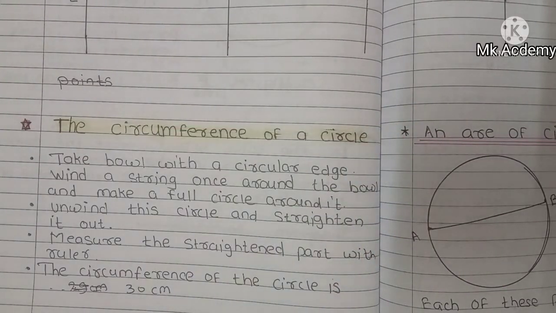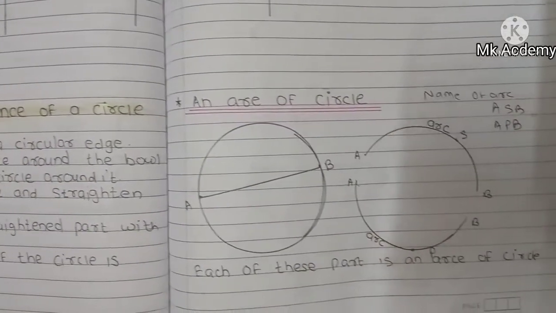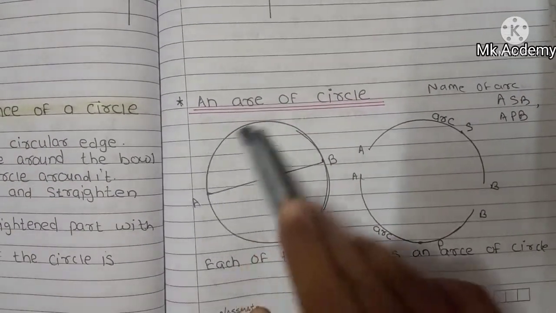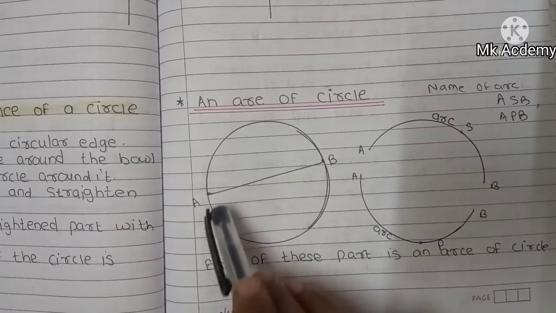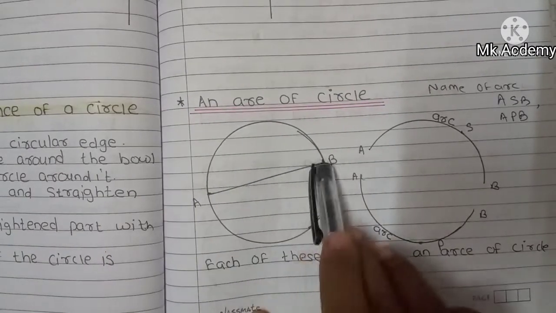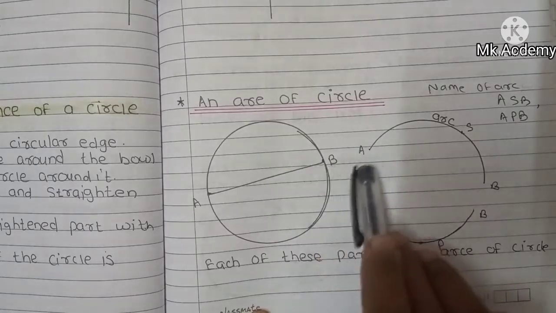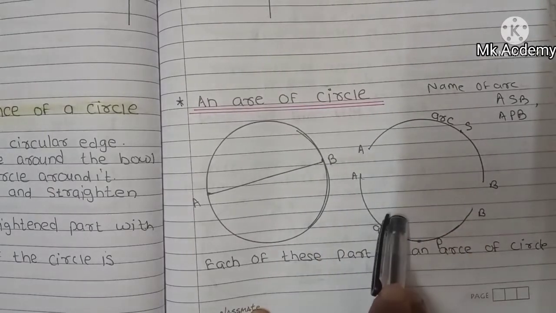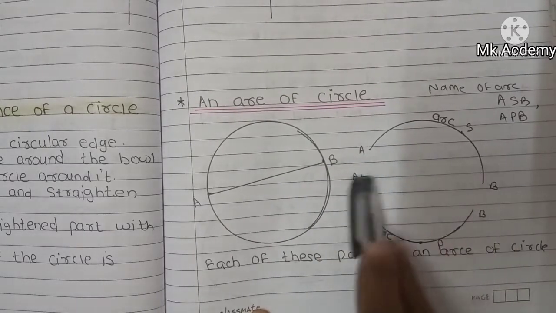Now, an arc of a circle. What is meant by an arc of a circle? This is a circular object and I cut it at two points, A and B. Then each separate part is called an arc. There are two arcs, arc AB and arc AB.